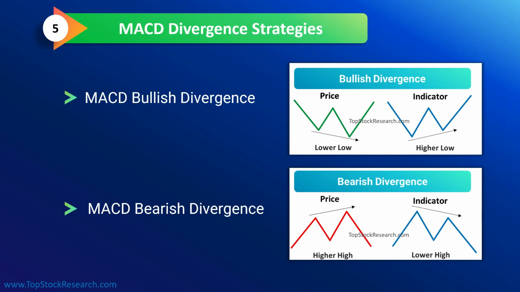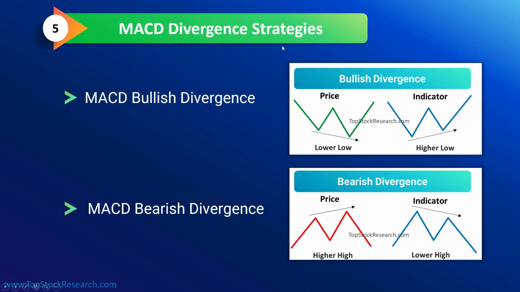Can you explain MACD divergence? Sir, divergence itself says that two things are not going in sync. When two particular tools are not going in the same direction, that's where there is divergence.